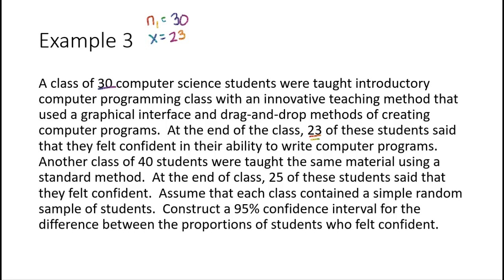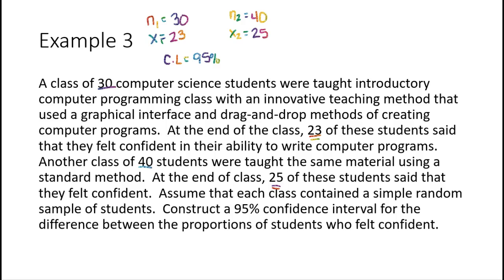And then we've got another sample of 40 students, and at the end of their class, 25 of them felt pretty confident. We're supposed to do a confidence interval for 95%, so our confidence level here is going to be 95%.